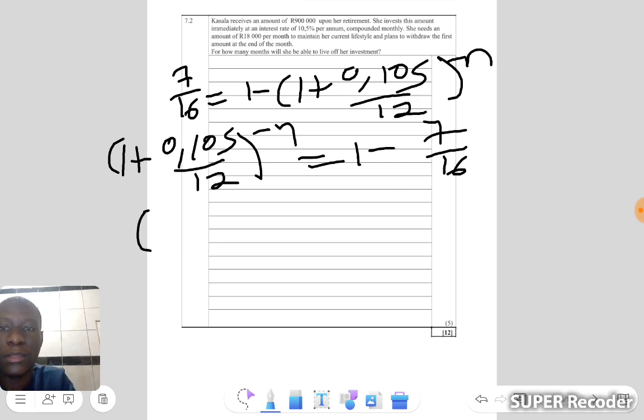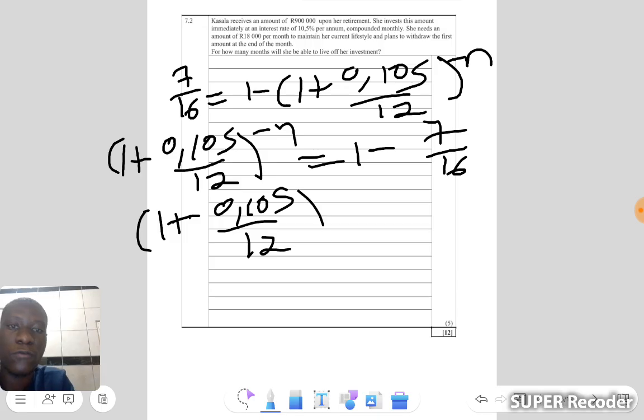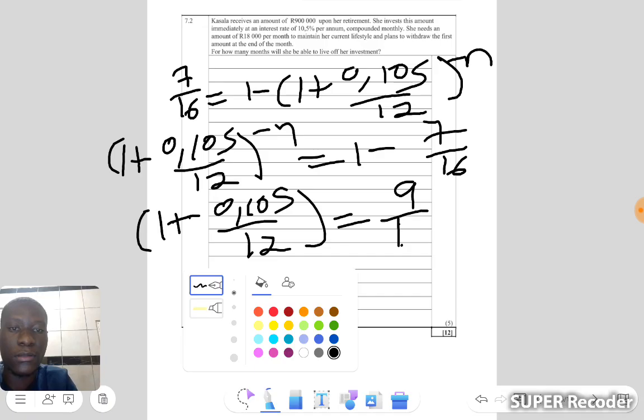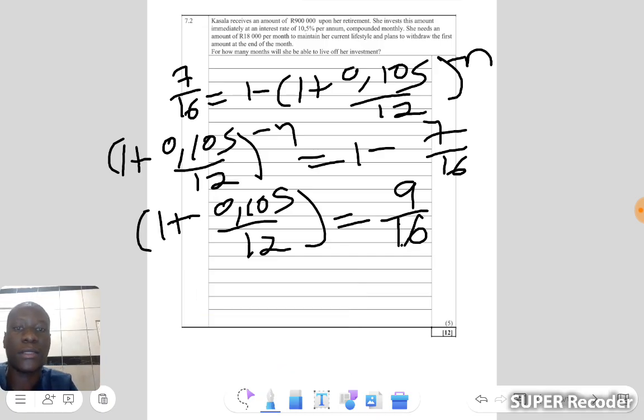So 1 plus 0.105 over 12 equals 1 minus 7 over 16. 7 over 16 equals 9 over 16, like that, right?